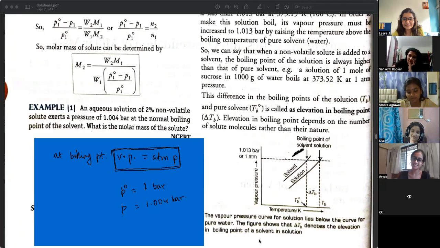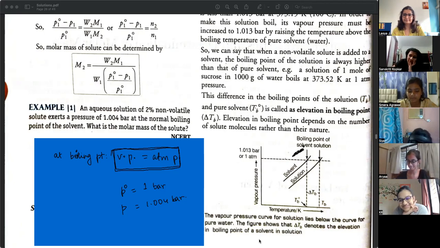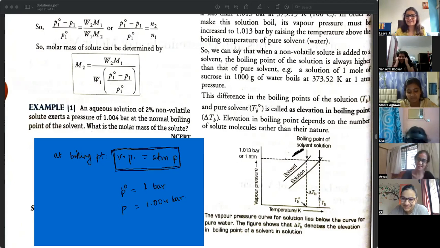Okay, let me see the relation between atmosphere and bar. I still don't know what to do with the 2%. More or less equal. Like for the sake of numericals, you can interchange 1 bar and 1 ATM. Very minor difference.